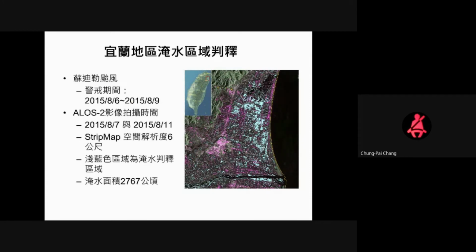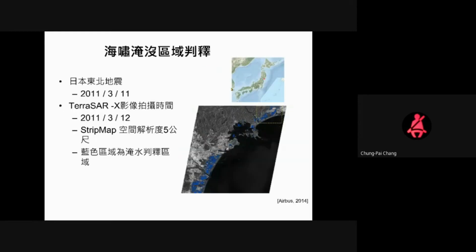And with this technique, you can see that it's very powerful for urgent events, not only typhoons, but also tsunami events. That is a tsunami event in 2011 in northeastern Japan. That is quite a famous one.